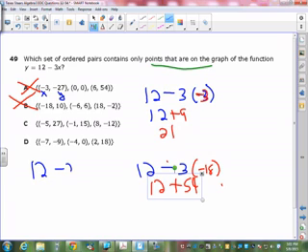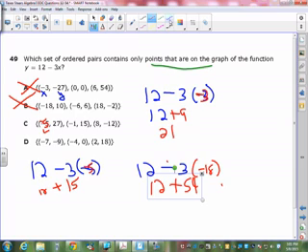Okay, let's try the next one. 12 minus 3 times -5. Okay, because I plugged in this -5, that's +15 plus 12, that's 27. That one worked.